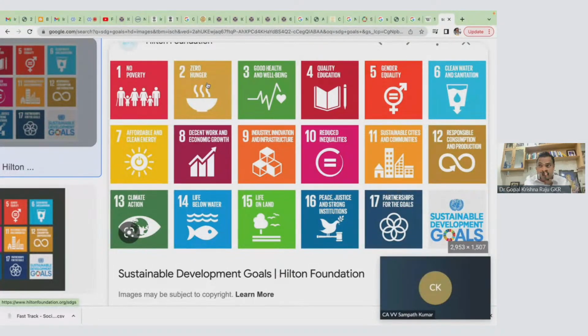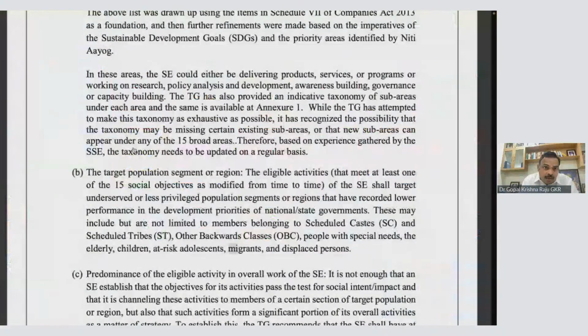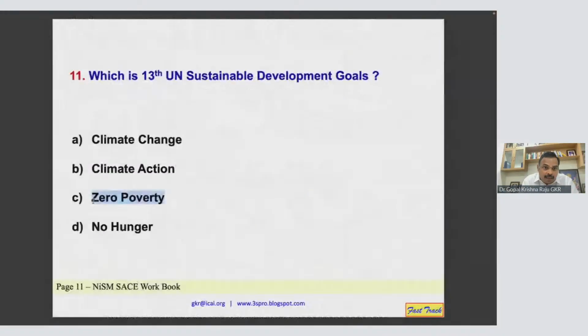People used to wander in the streets for hunger, and people came forward, in Tamil Nadu, Punjab, Chandigarh, Delhi, Mumbai. People came forward and fed people. This is where humanity comes. So zero hunger and no poverty are different objectives. By elimination, I've eliminated these two.